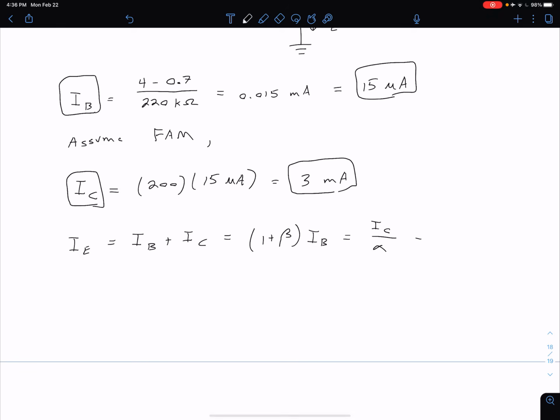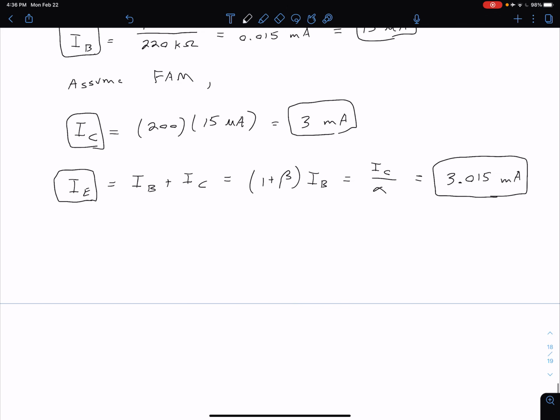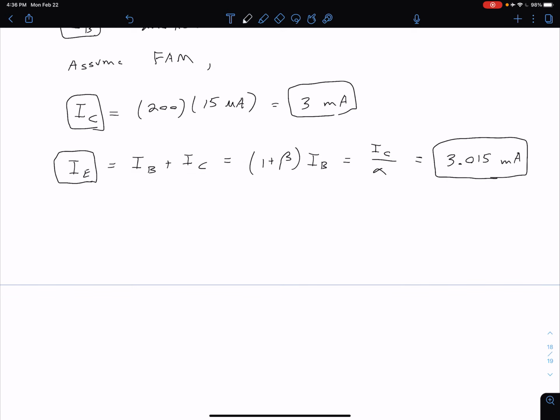Pick which way you want to do it. All are going to give you the same thing of 3.015 milliamps. As we might expect, we see that our collector current and our emitter current are very similar. Later on, particularly in later classes, oftentimes we can just approximate IC is equal to IE, and that's going to make our analysis easier without much loss of accuracy.